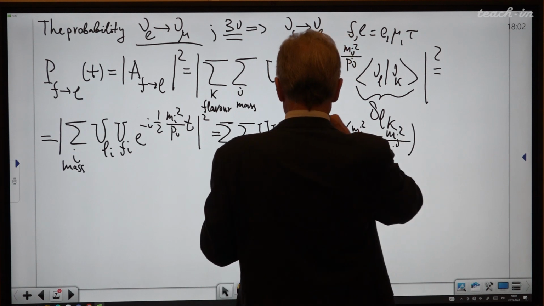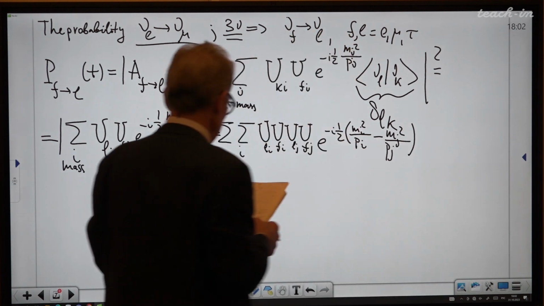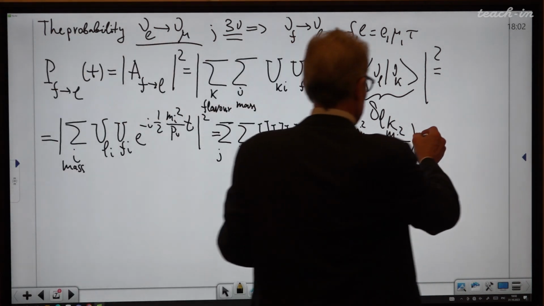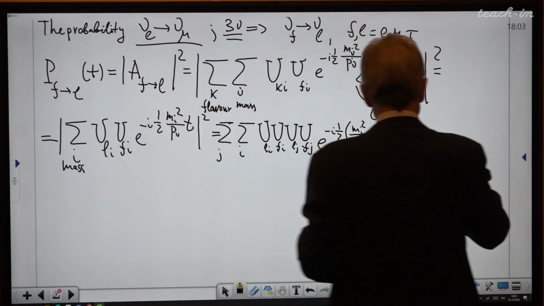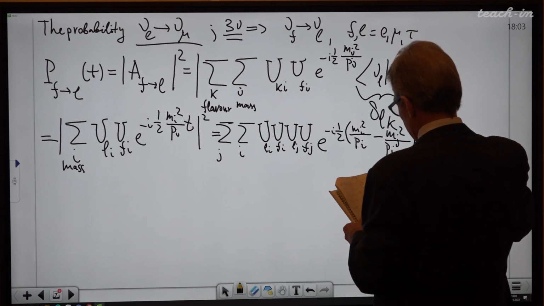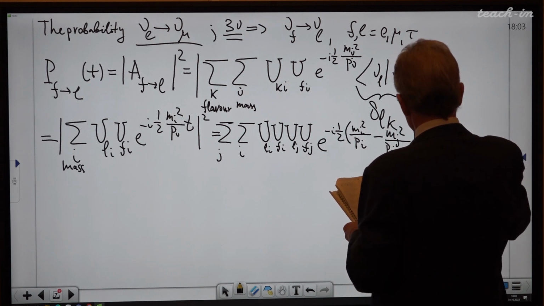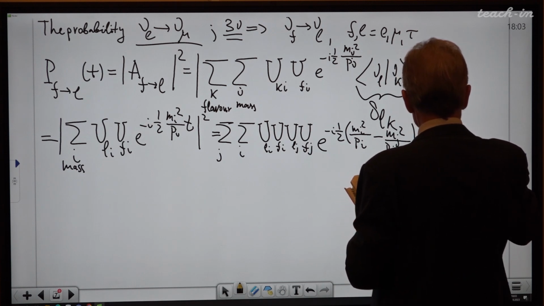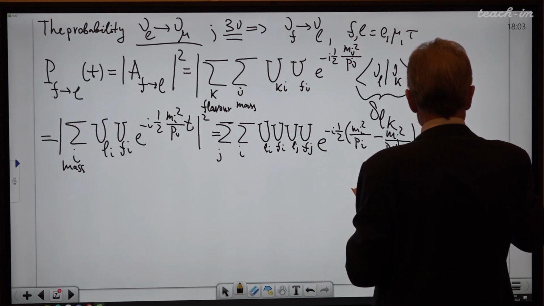Okay? And if we just introduce the very well known mass square difference, we just introduce this delta m squared_ij equal to m_i squared minus m_j squared.